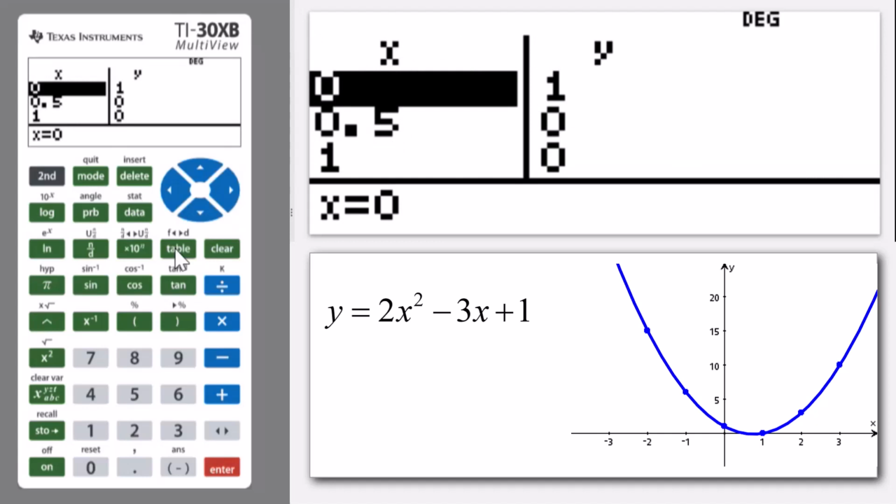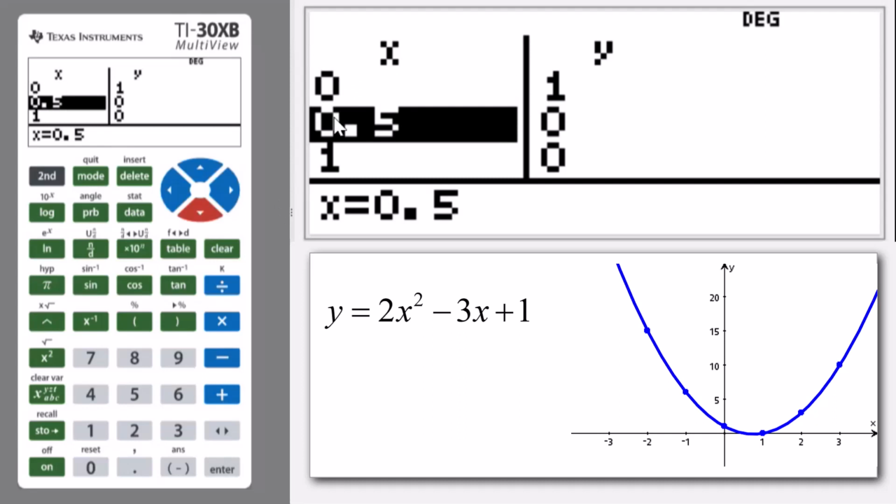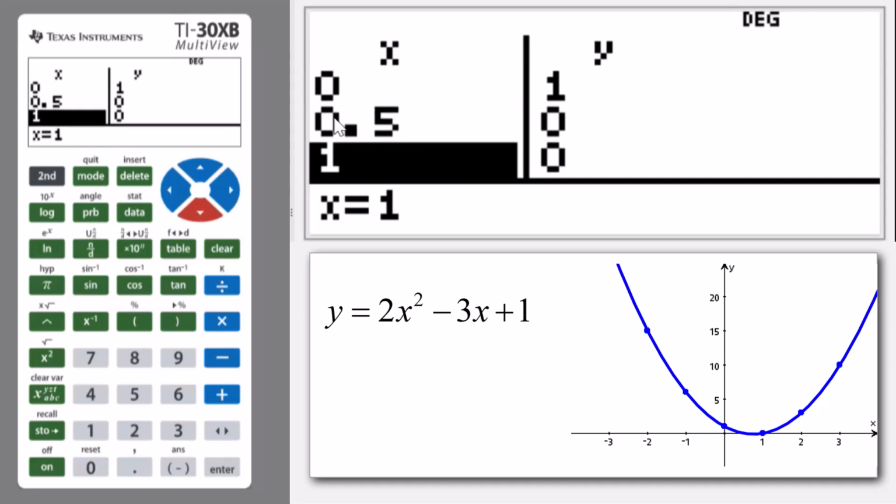What I see now in the right-hand column is immediately I can see there are 2 X intercepts. So at X equals 0.5, Y is 0, and at X equals 1, Y is 0.